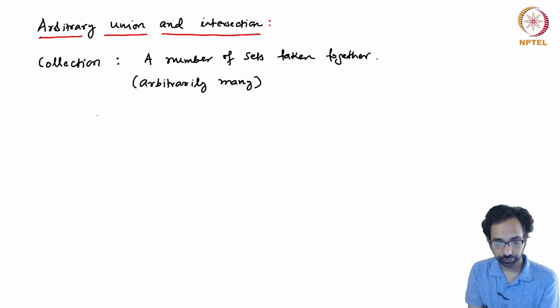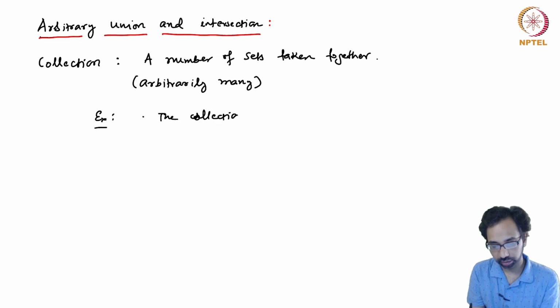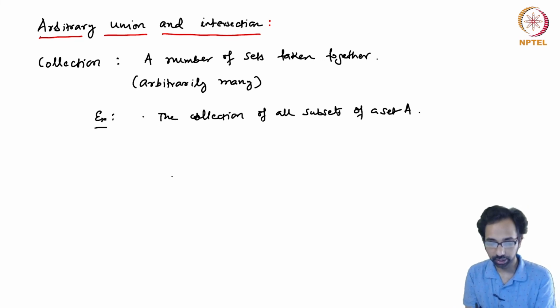Okay, and an example of a collection is the collection of all subsets of a fixed set A. Okay, and this in fact has a specific name.